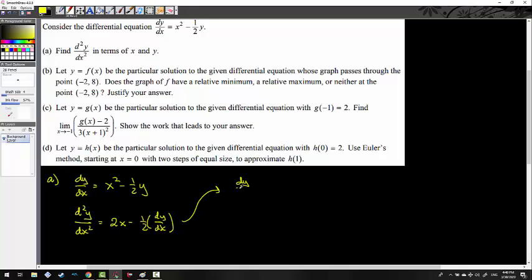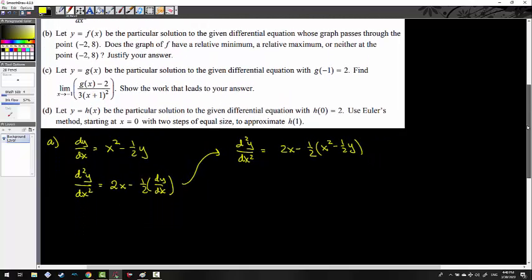My apologies. d squared y over dx squared is going to be equal to 2x minus 1/2, and what was dy/dx? Well, dy/dx was this original piece of the differential equation. So we plug in x squared minus 1/2 y into part A, and I believe we are going to get full credit for that portion of the answer.